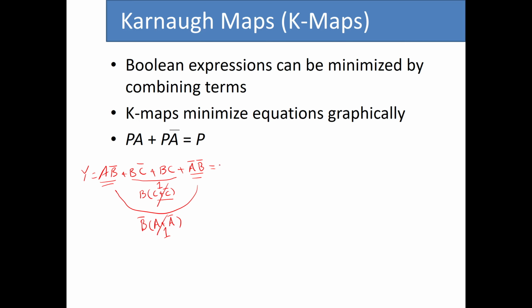Now, after one level of simplification, what we have here is B or B bar, which again, based on the previous simplifications, we know is equal to 1. So the final function is 1.